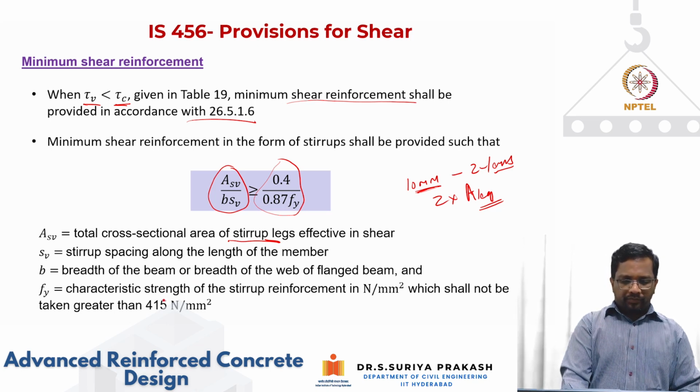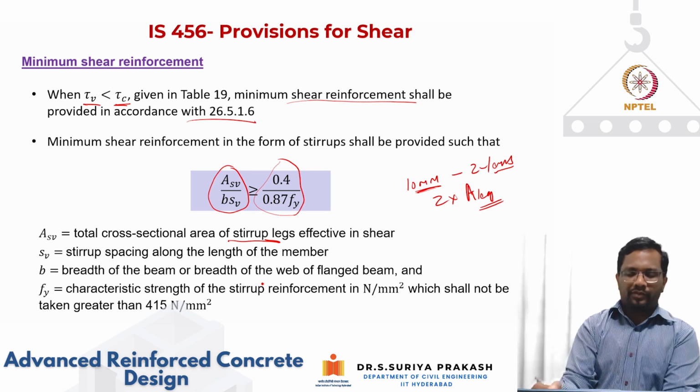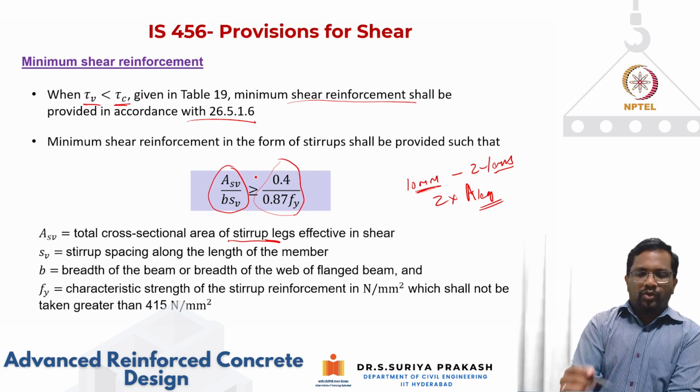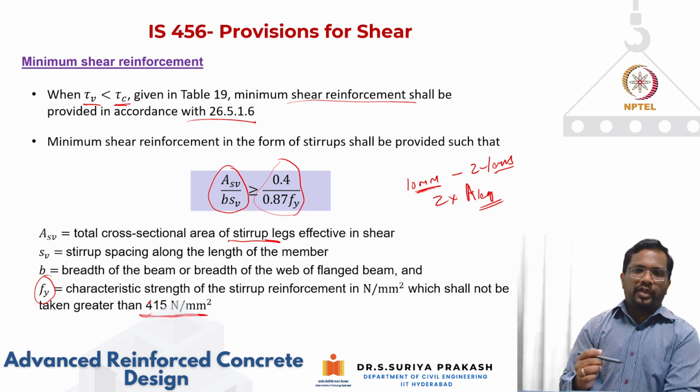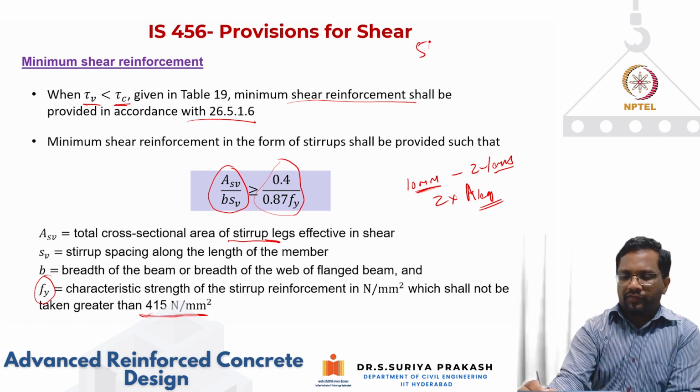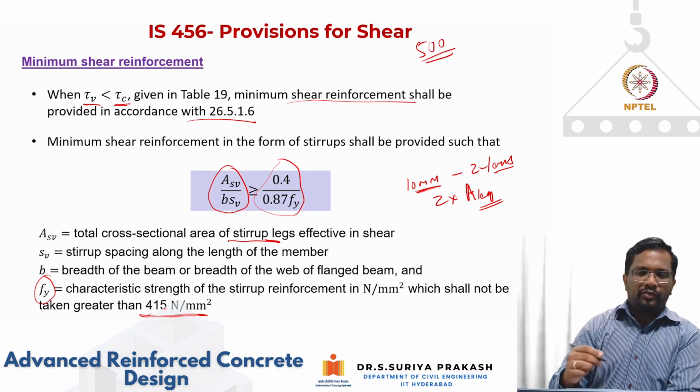And Fy will be your characteristic strength. This is again another thing that we need to take into account. Though you may use 500 grade, in your calculations, the yield strength value that you are going to use in your shear capacity has to be limited to 415 megapascal. Even if I'm using 500 grade, I have to limit it to 415.